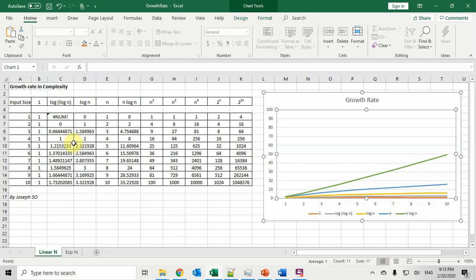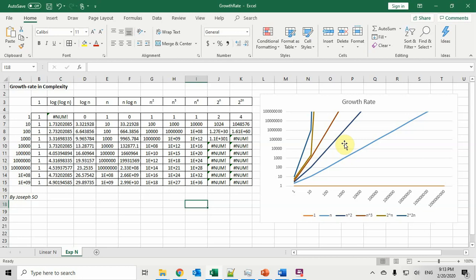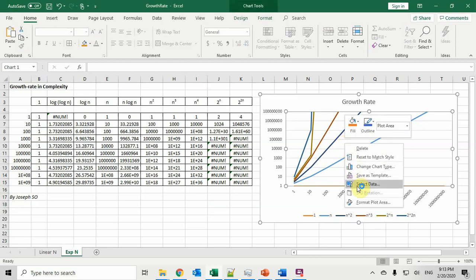So in particular, if we have a large number, for example, okay, let me change the data source.